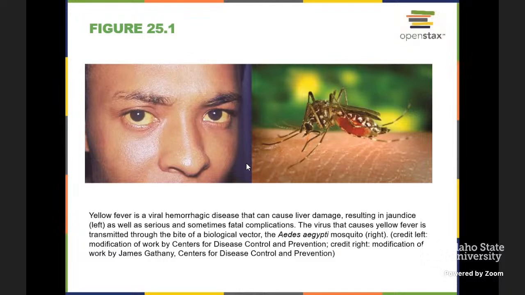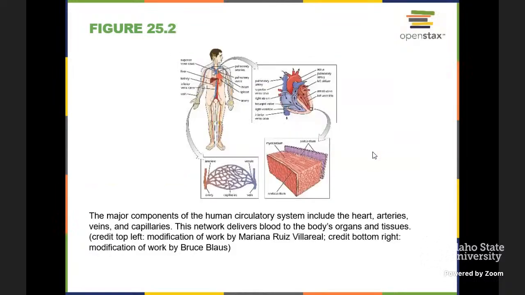There are numerous things that happen with this. Liver damage resulting in jaundice, as we've seen before. One detail with this, Aedes aegypti is the mosquito that's transmitting yellow fever. This is not the mosquito that transmits malaria. So it can't be malaria in this image because it's the wrong vector. So we'll talk a little malaria later.